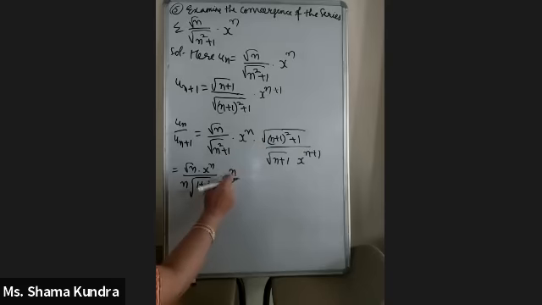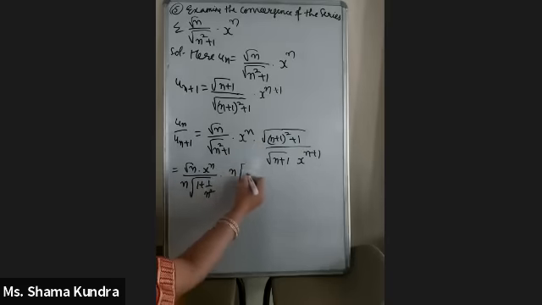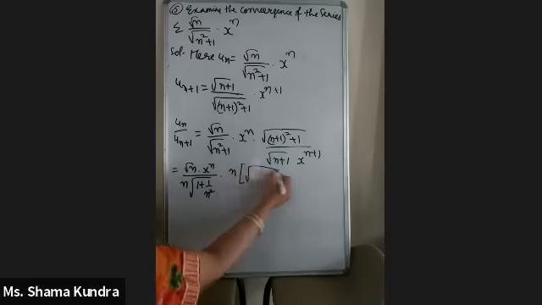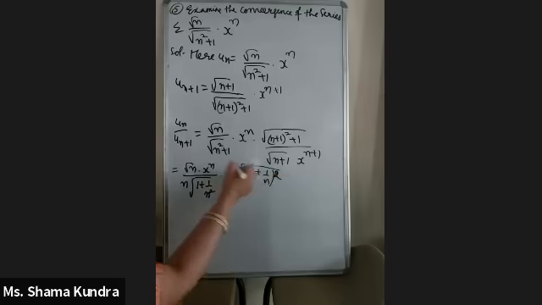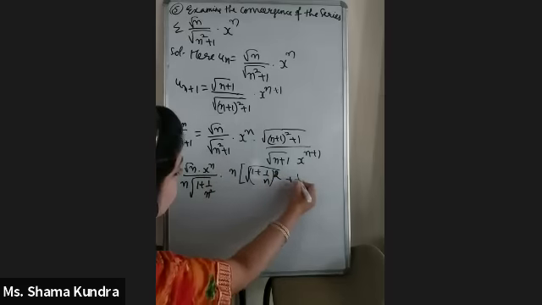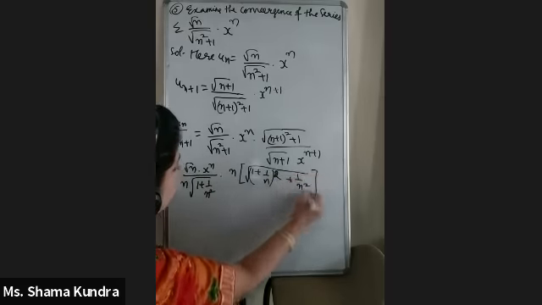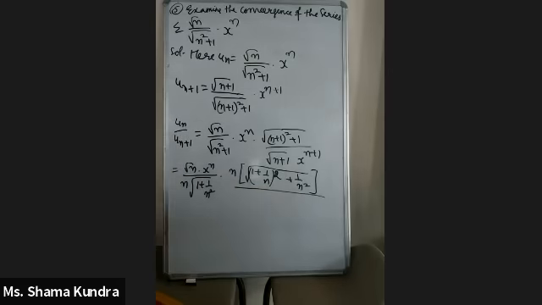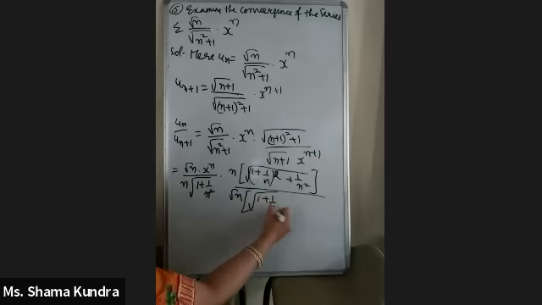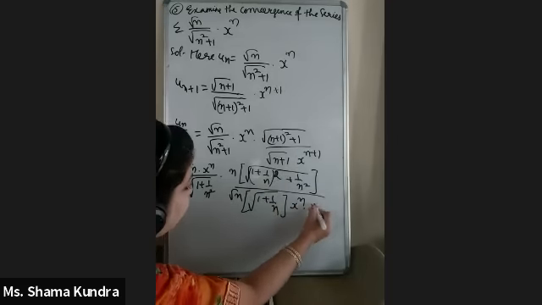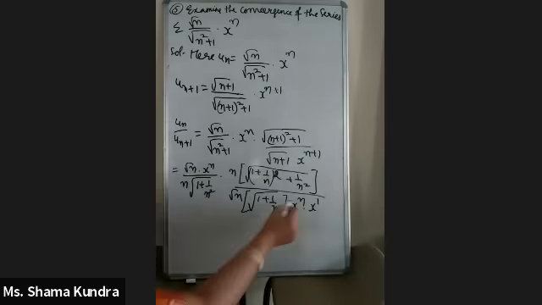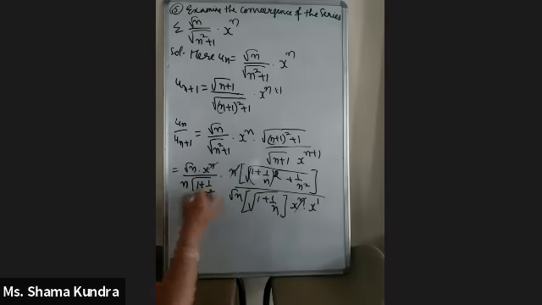Under root n square means n. Splitting the parts, this will get cancelled out.